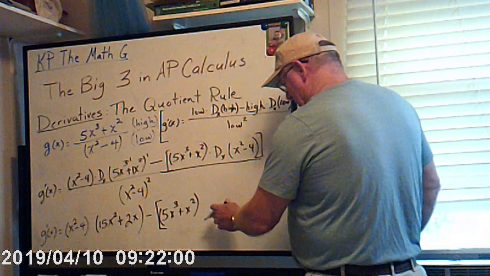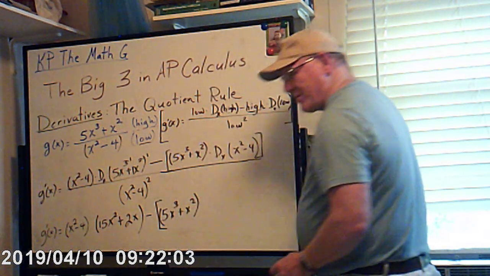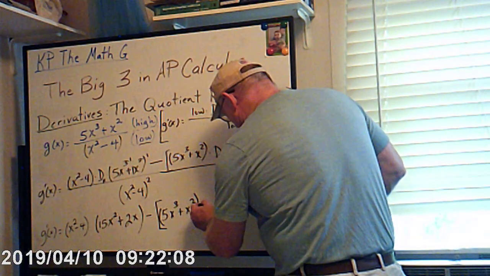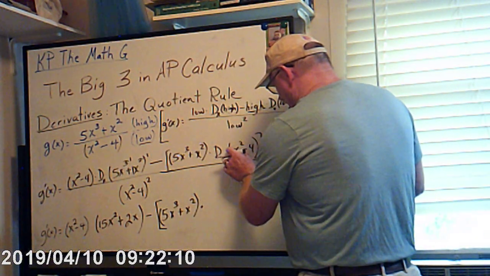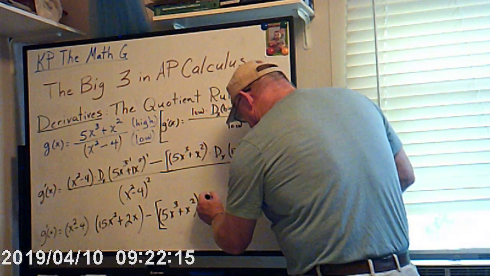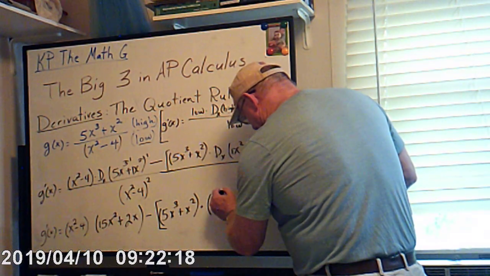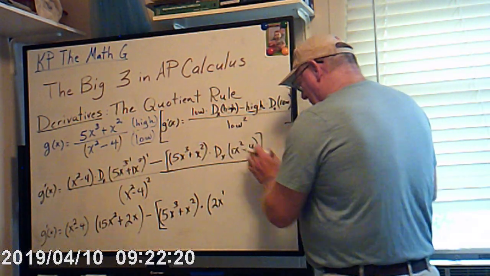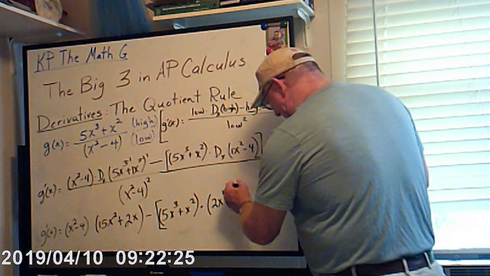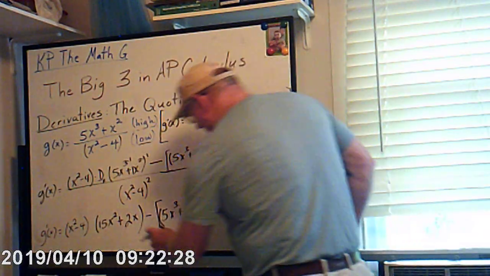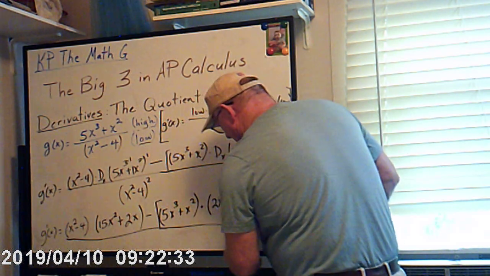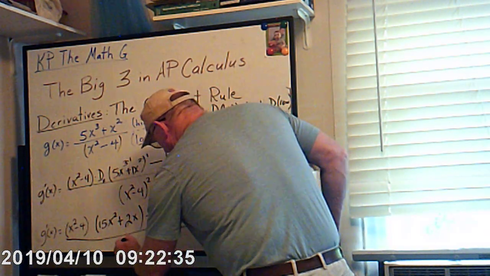Leave the parentheses around there, times the derivative of the low, which is again 2 times 1 is 2, x to the 1, always reduced by 1. And remember that the derivative of a constant is 0 from the previous lessons. And then this is all divided by low squared.